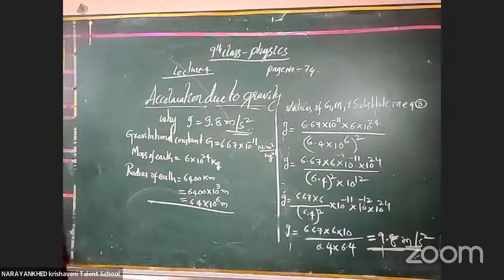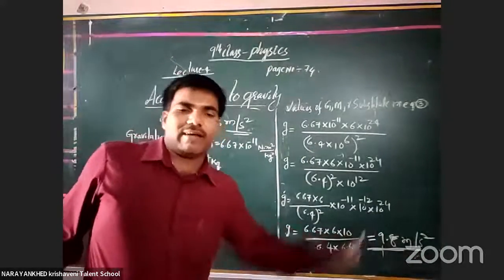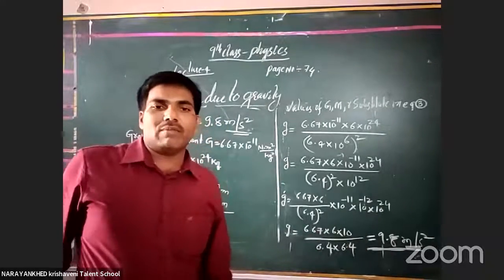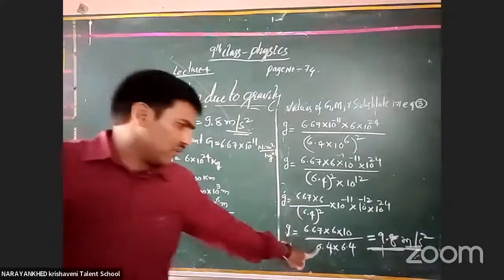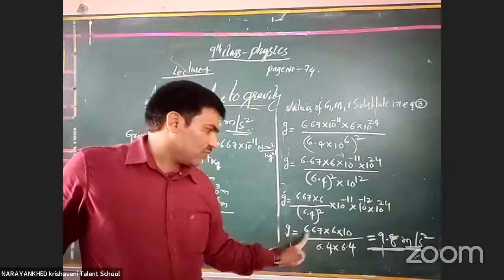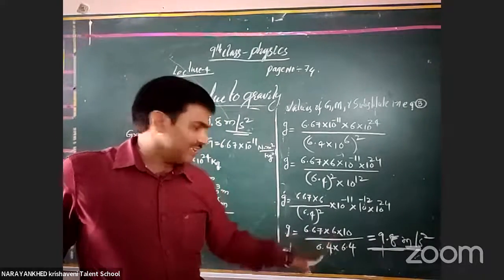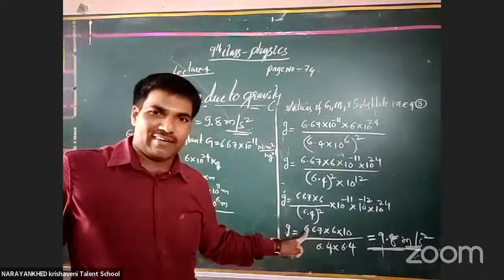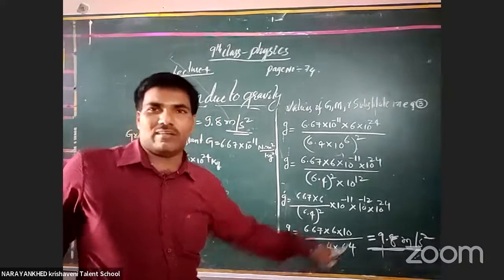Exactly, you'll get 9.8 meter per second square only. If you have any doubt, check it approximately: 6.4, 6.4, 6.7, 6, the sixes cancel, and the remaining is nearby 1. That is why it is 9.8.